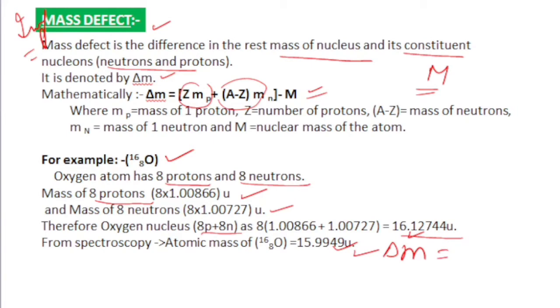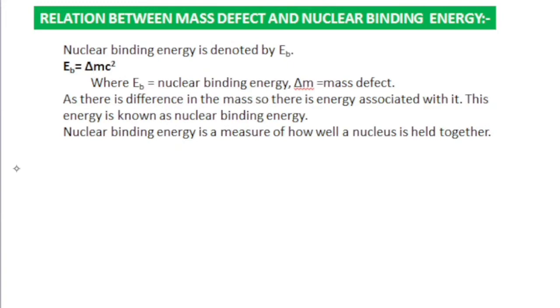Any object having mass must have some energy associated with it, right? After that, what is the relation between this mass defect and nuclear binding energy? Nuclear binding energy is denoted by EB, and you know nuclear binding energy is the amount of energy required to hold the protons and neutrons together inside the nucleus of an atom. Due to the difference in mass, it appears as energy.